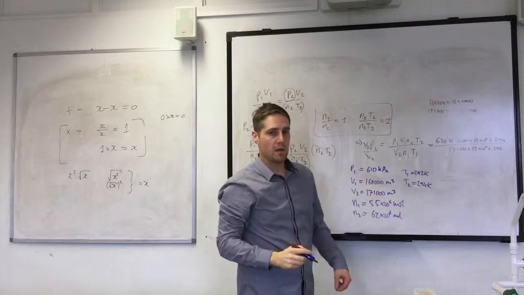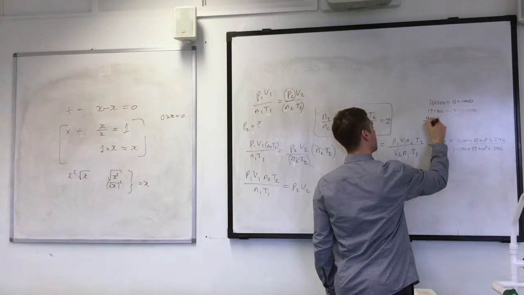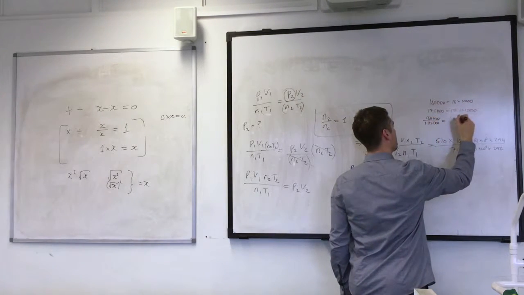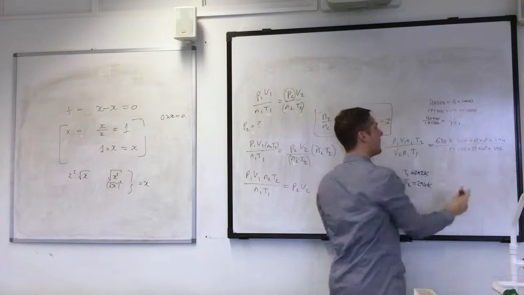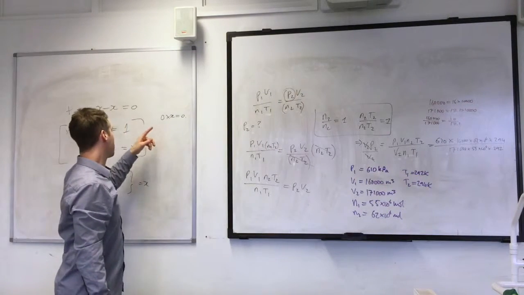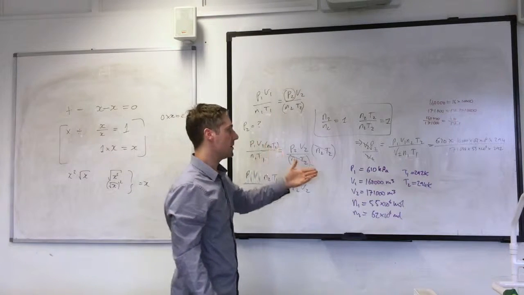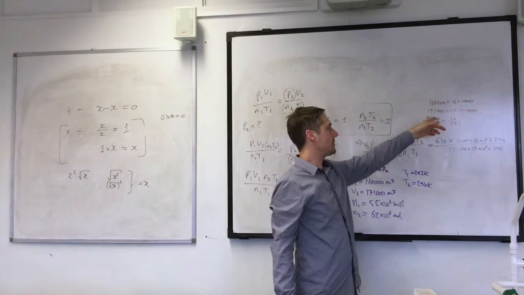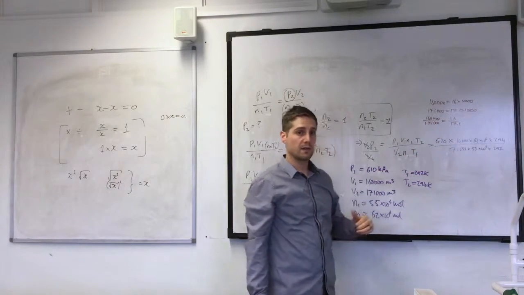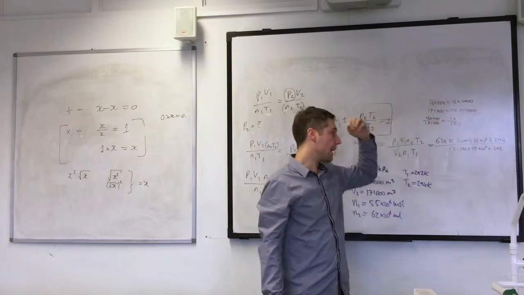Okay? So if you've got 160,000 over 171,000, that's exactly the same as 16 divided by 17.1, because you've got 10,000 divided by 10,000, and just as we've been seeing, any number divided by itself is equal to 1. So this is exactly the same as that times 1. So 16 divided by 17.1 is a much easier set of numbers to put into your calculator.